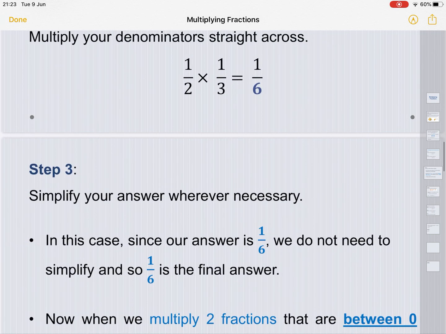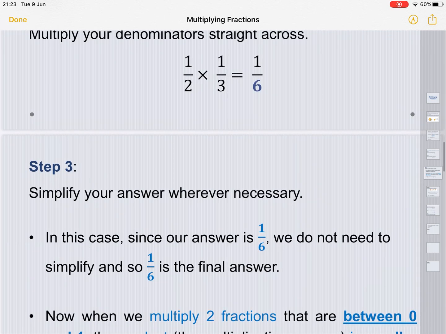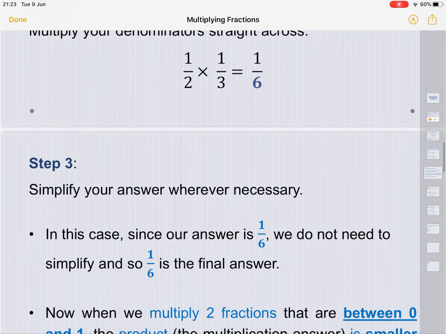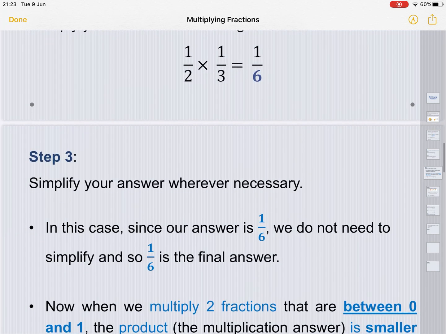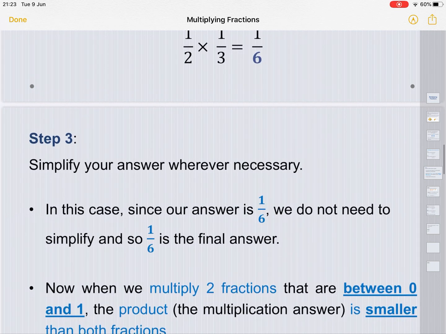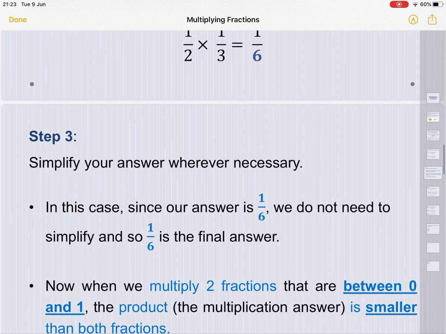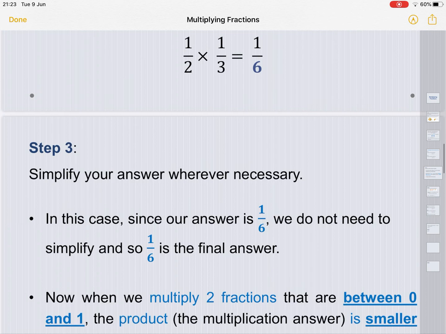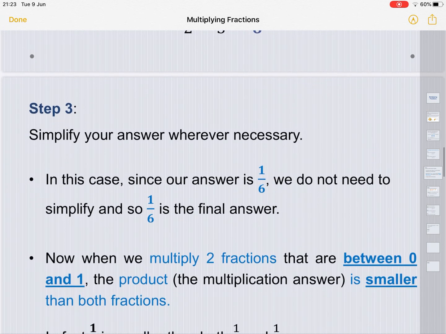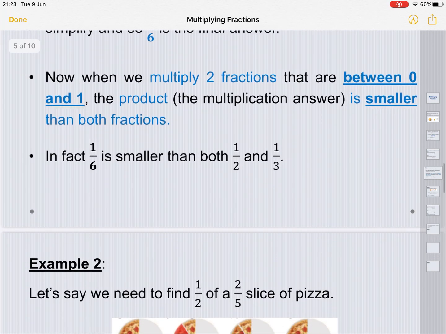So 1/6 is smaller than 1/2, because you had to divide the pizza into further parts. And 1/6 is smaller also than 1/3. So when you multiply two fractions which are between 0 and 1, the product is always smaller than each of the fractions. In fact, 1/6 is smaller than both 1/2 and 1/3, okay?